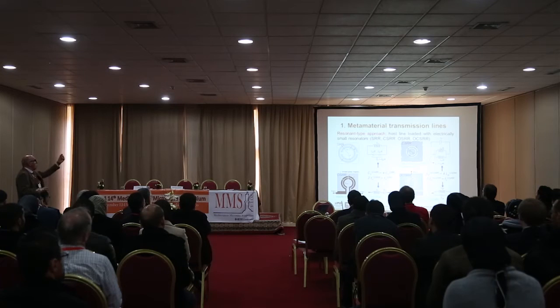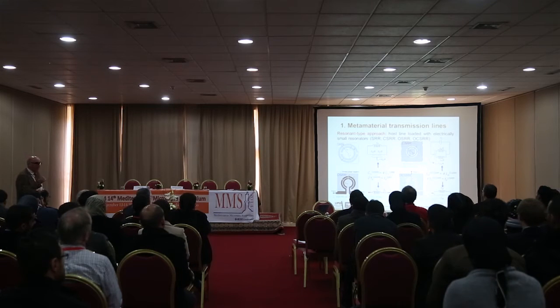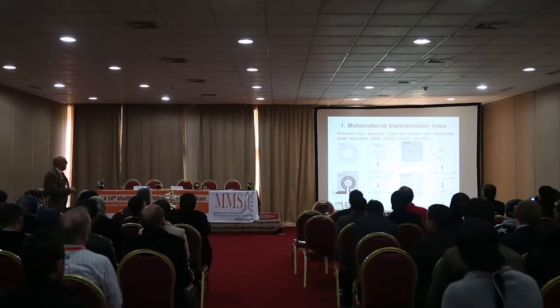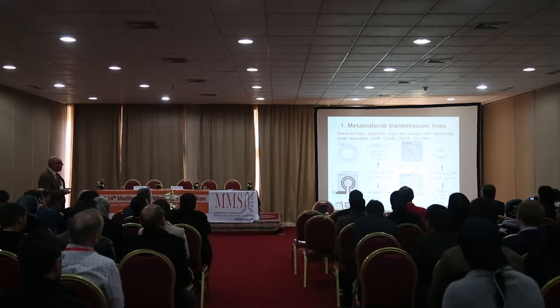Okay, let's now focus on the resonant-type approach of metamaterial transmission lines. In that case, the host line is loaded with electrically small resonators, electrically small in order to have effective parameters, okay? And these resonators can be typically split ring resonators, complementary split ring resonators, and the open counterparts, okay?